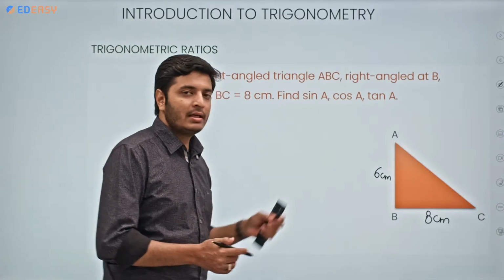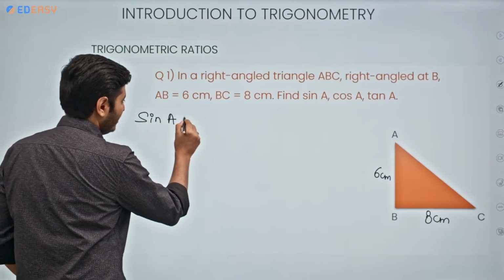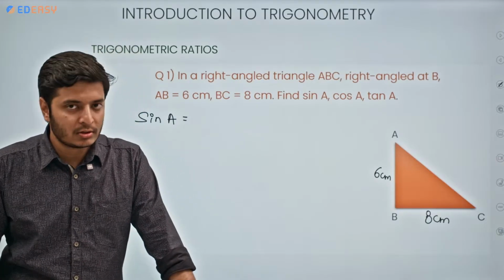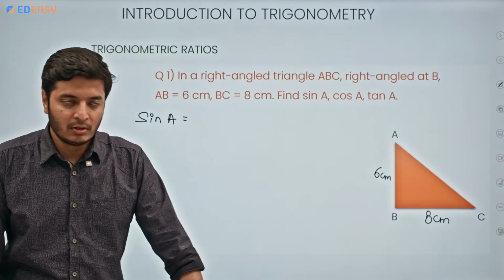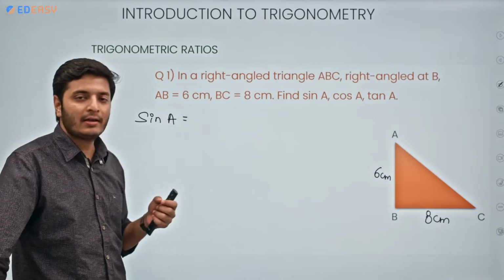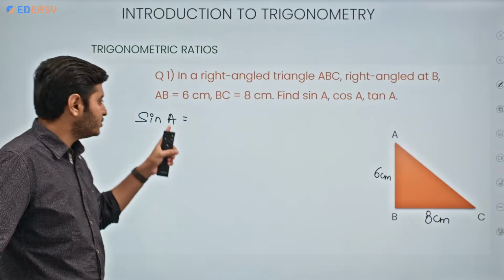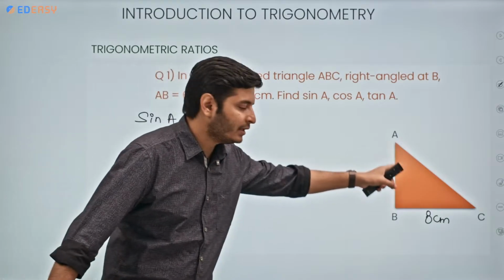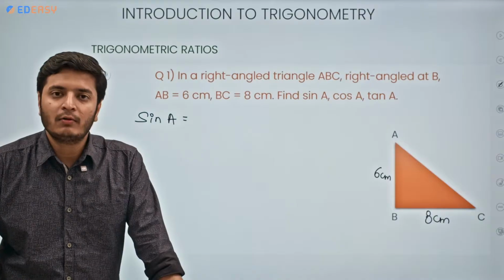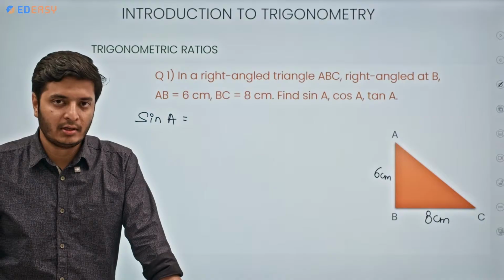First thing, sine A. Sine A means that we need to find the ratios of those sides which are referred when we are considering angle A. Sine value will always depend on which angle we are considering, and it is the perpendicular by hypotenuse of the triangle.